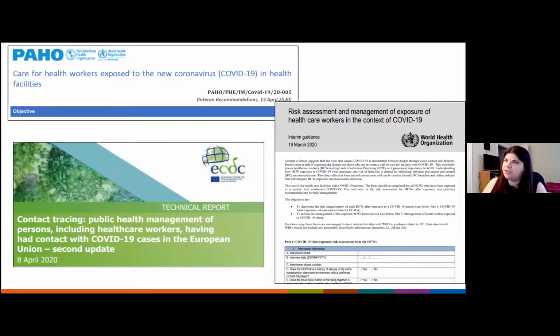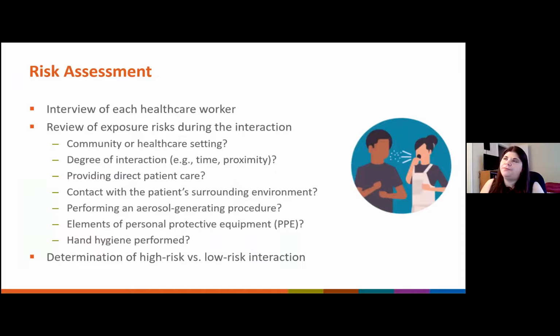But I am going to touch on some common themes in those guidance documents around risk assessment. It begins with interviewing each of the healthcare workers that has been exposed. And this really can be a very labor-intensive process because you're asking about a lot of different aspects of the potential exposure to determine the risk that they might subsequently develop COVID-19 from that exposure.